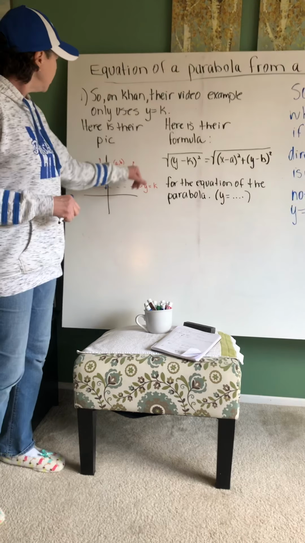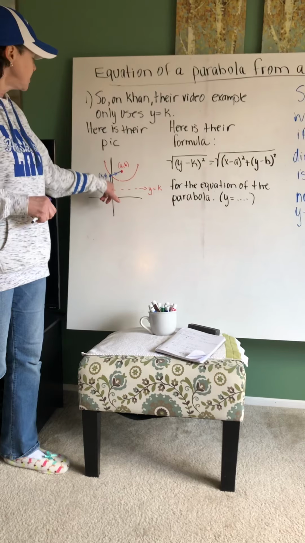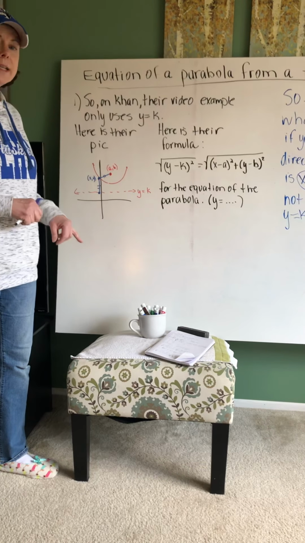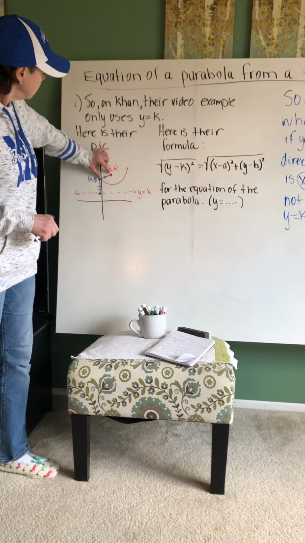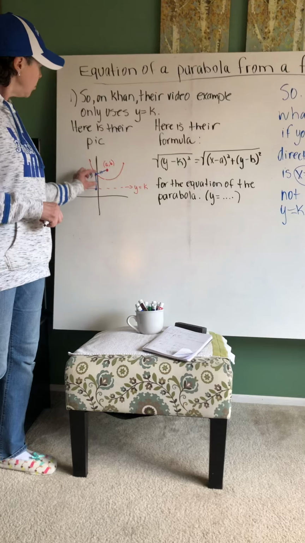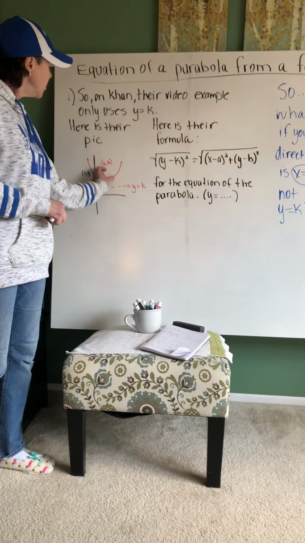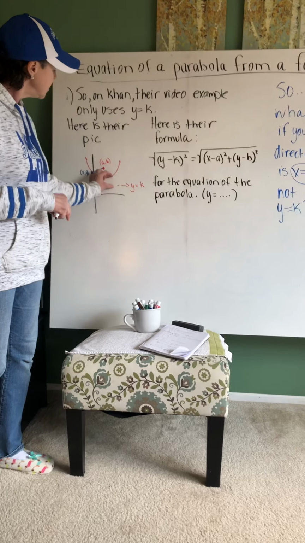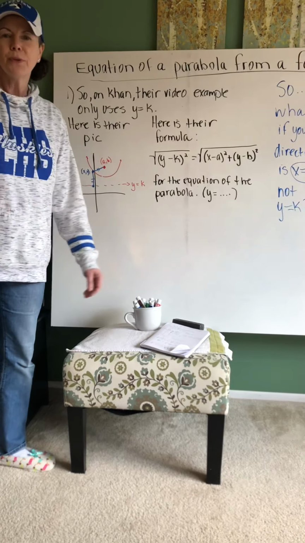But a parabola is actually all the points x, y that are equidistant from the focus to that point and that point to the directrix. If you came up with all of those points that are an equal distance from this point called the focus to this line called the directrix, it would make this curve, which is really cool.